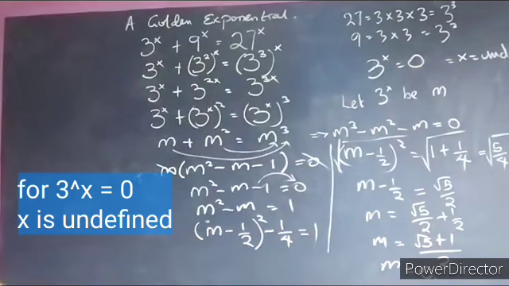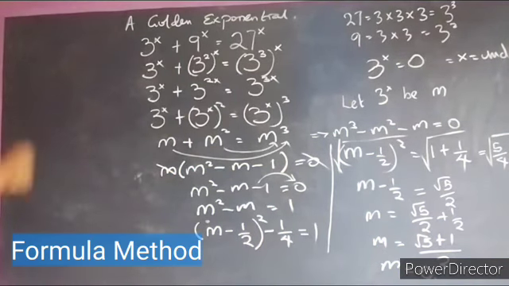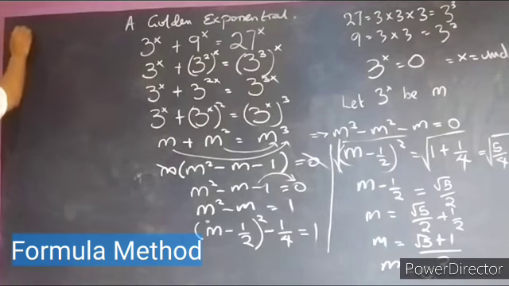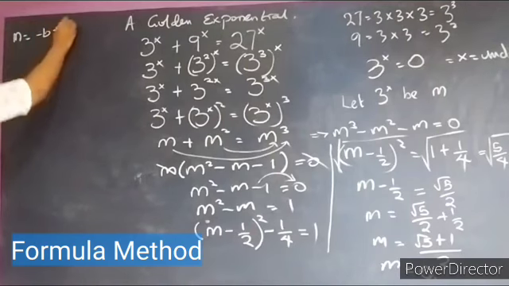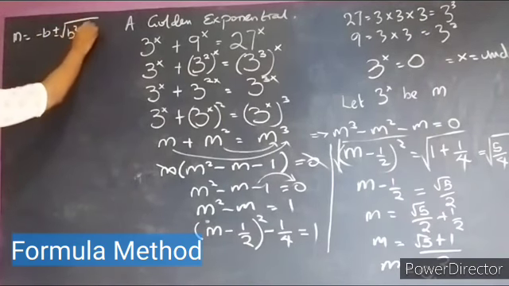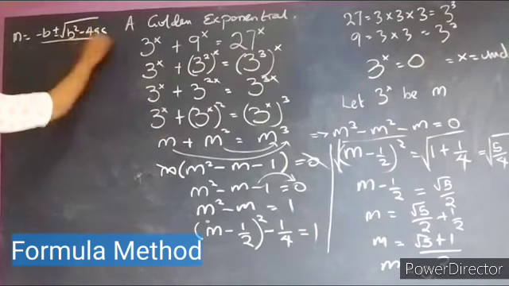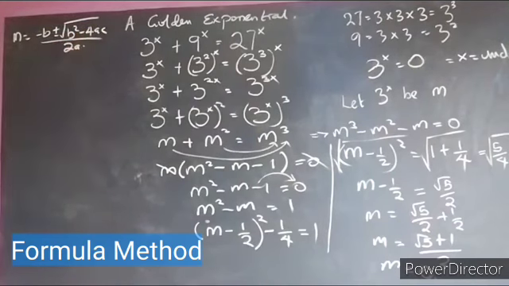So I'm going to try out the formula method. The formula says m is equal to minus b plus or minus the square root of b squared minus 4ac all over 2a.